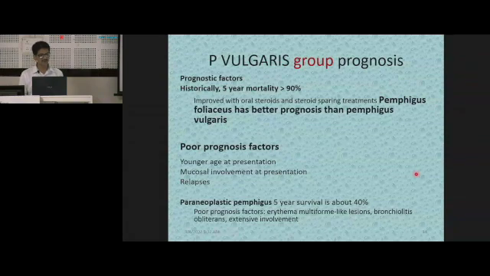The poorer prognostic factors right from the beginning are younger age at presentation, mucosal involvement at presentation, and relapses. For paraneoplastic syndrome, of course, the prognosis would depend on the malignancy causing it.